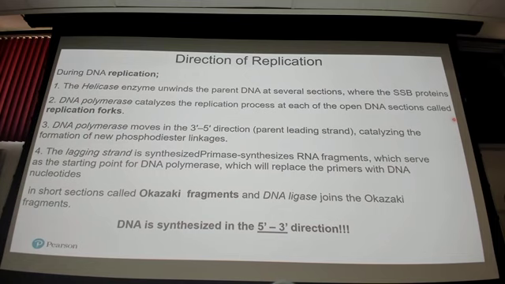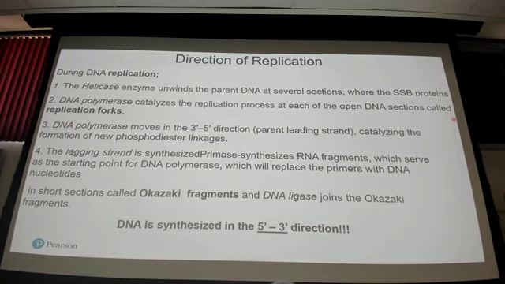Now the lagging strand is a little bit different. On the lagging strand you have the primase enzyme that adds RNA primers that are complementary base pairs to the lagging strand. That signals to DNA polymerase to add the DNA nucleotides to that region.